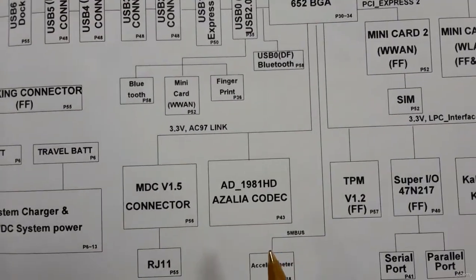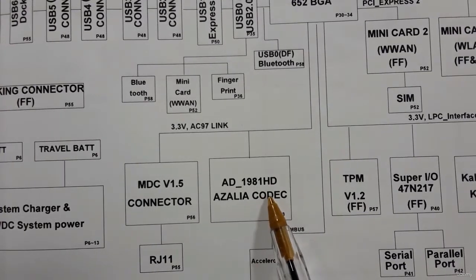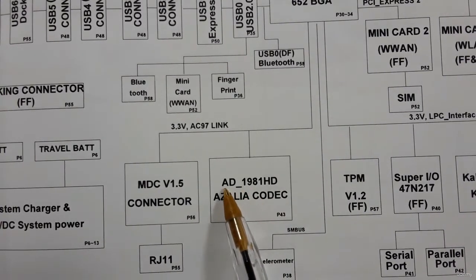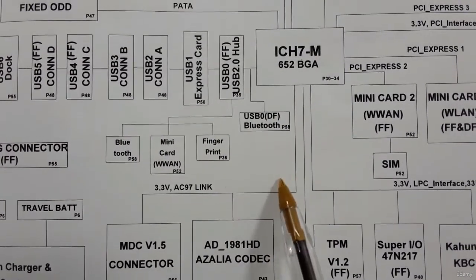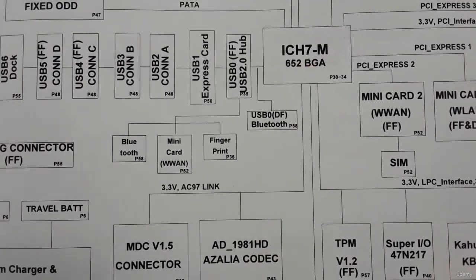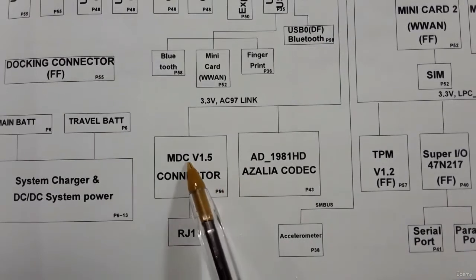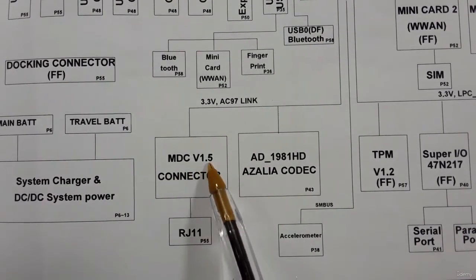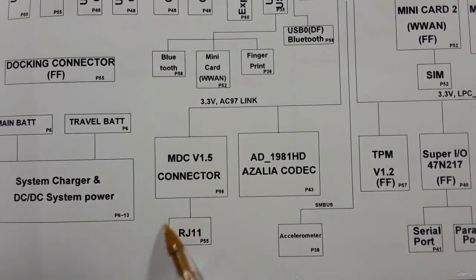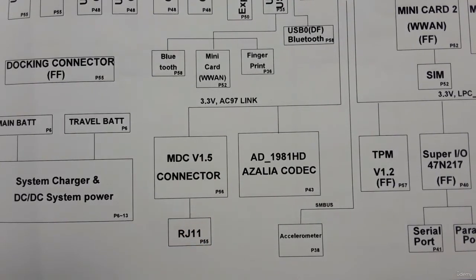And here we have the Azalea codec, its type is AD1981HD. It is directly connected to the ICH. Also here we have the MDC connector, with the voltage of 1.5, that is connected to RJ11 for the phone.